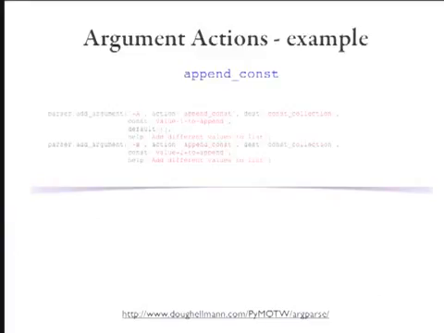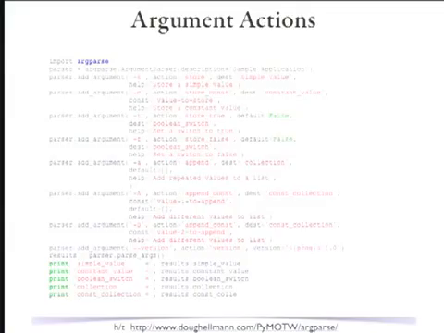And similarly, append constant, here we define hard-coded what the different values that we can append are. We went through the different steps of importing the argparse module, setting up our parser object, parser equals argparse.ArgumentParser, gave it a description.